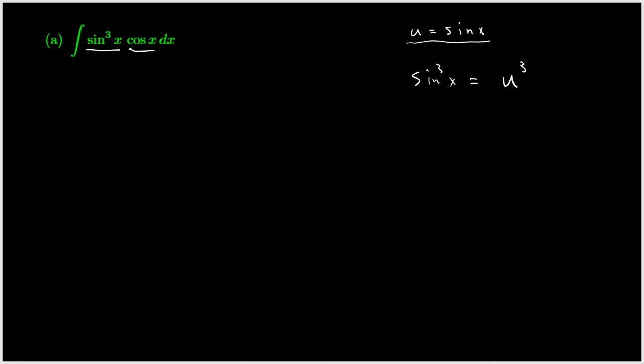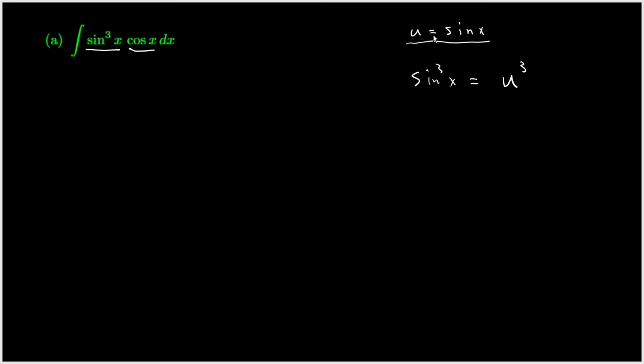U cubed has an easy to compute antiderivative, right? We know an antiderivative of u cubed in terms of u. At this point, you can recall that for any power function, we have a handy formula to get an antiderivative.